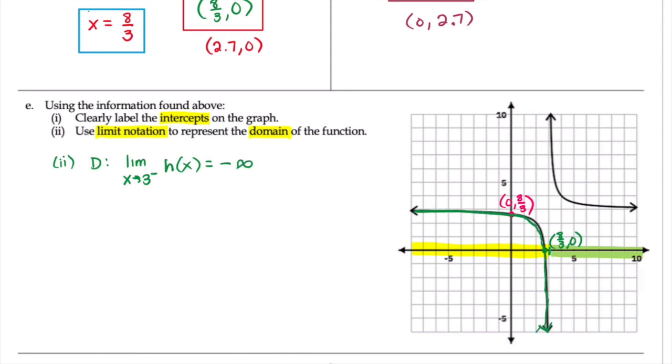We're going to see what happens as we approach that same x value, but this time from the right side. So as I approach that x value of positive 3, my function heads towards positive infinity. And this would be the domain of this function using limit notation. And that is all for domain and intercepts of rational functions.